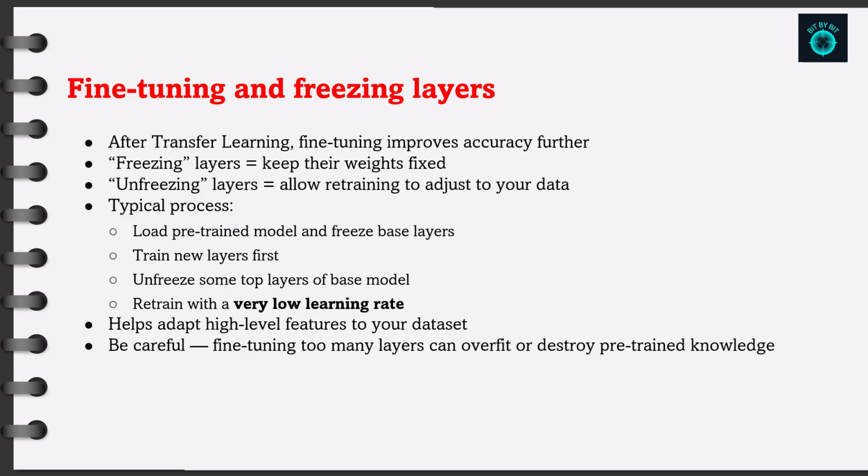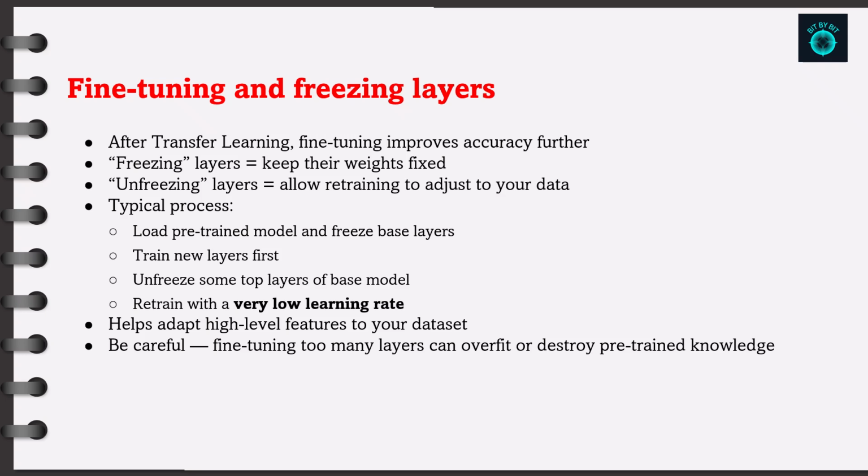This keeps the pre-trained features, such as edge and shape detectors, safe. Second, unfreezing layers means unlocking them, allowing backpropagation to slightly adjust their weights. This helps the model adapt high-level representations to your specific dataset. For example, tuning from general animals to specific dog breeds or car parts.